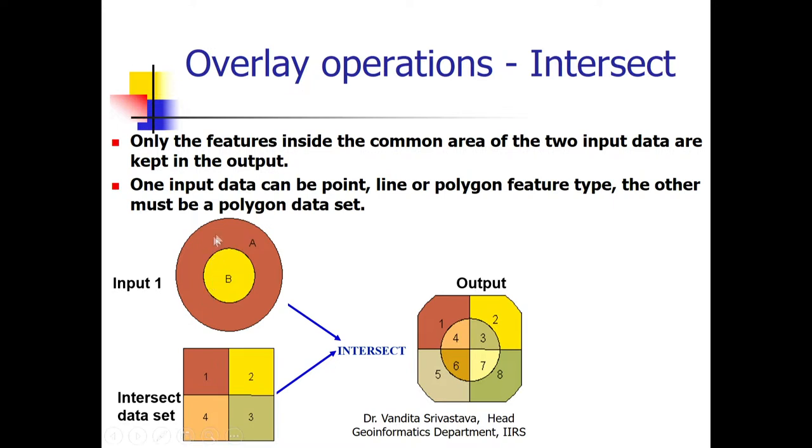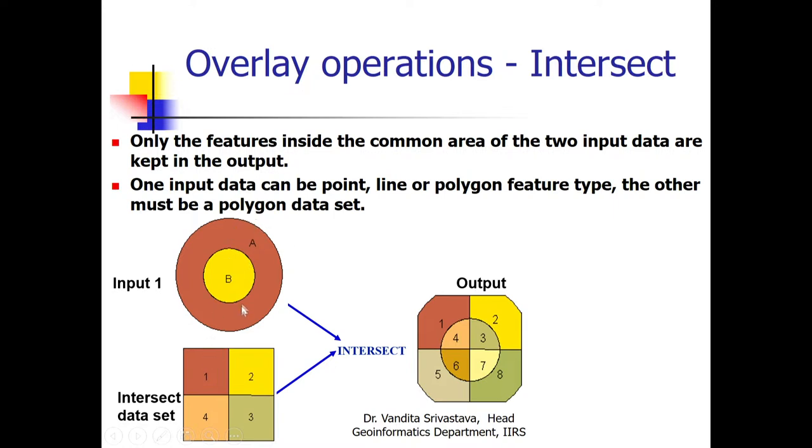This is a kind of mutually exclusive operation wherein even if you exchange any of these, so for example you make this the input and this the intersect, the output will not change because only the common area of both is taken. The corners of this rectangle are not present. Similarly, some part of the circle is not present here, like this one and this one is wiped out because this is uncommon area.